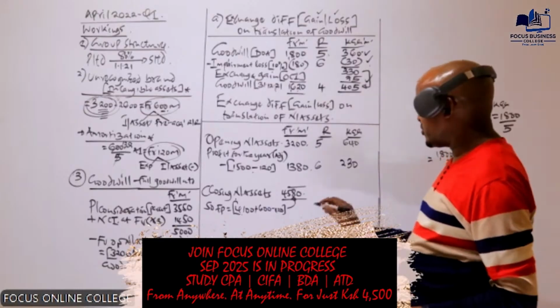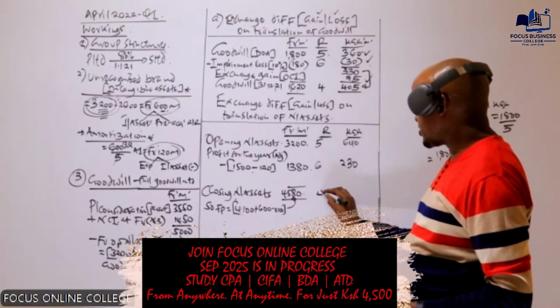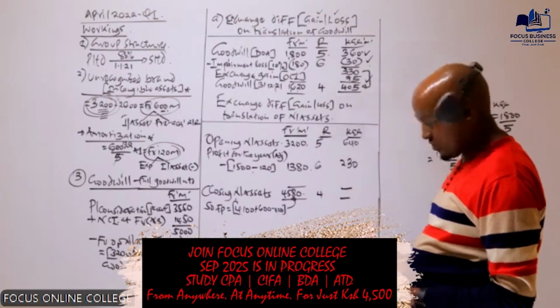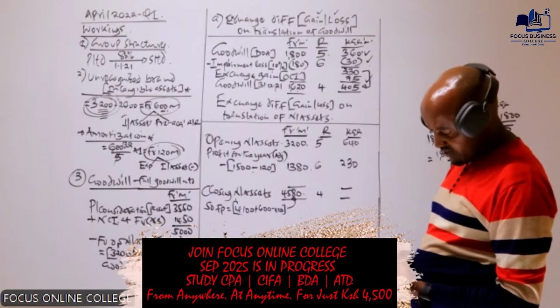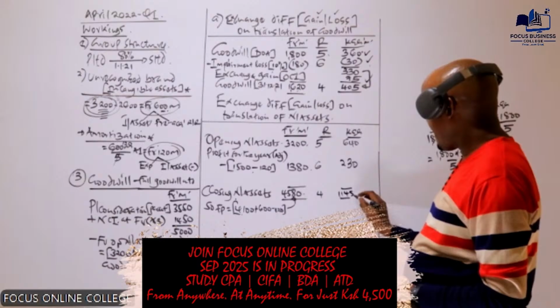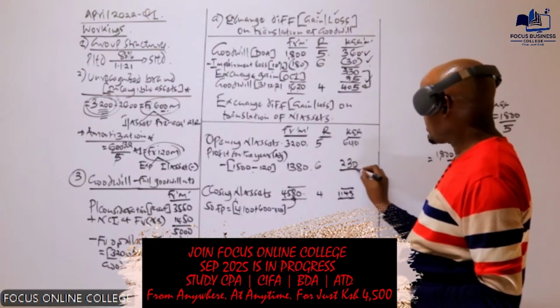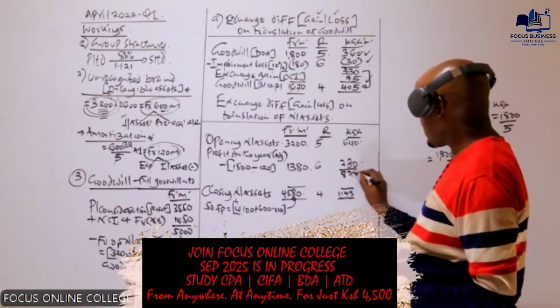Now, what we need to do then, we translate this into presentation currency using the closing exchange rate. 580 divided by 4. That will give us 1145. So then what we need to do is basically we add these two values, which will give us 870.